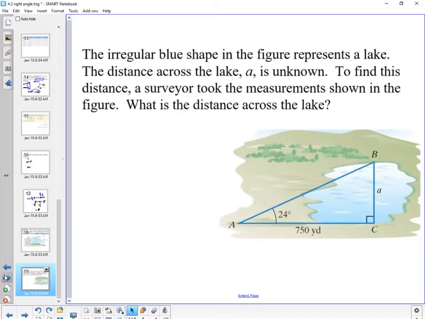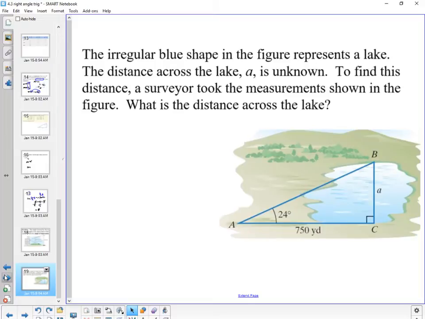The irregular shape of the figure represents a lake. The distance across the lake, from bottom to top, is unknown, and obviously they can't take a tape measure and go around it.